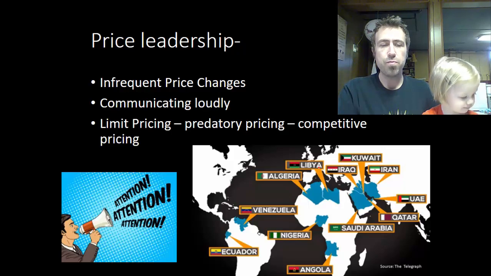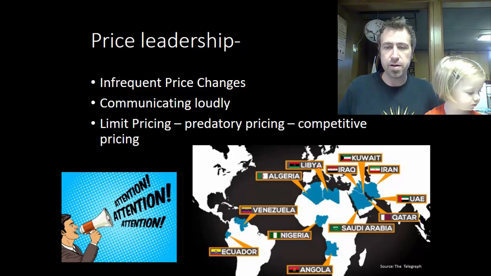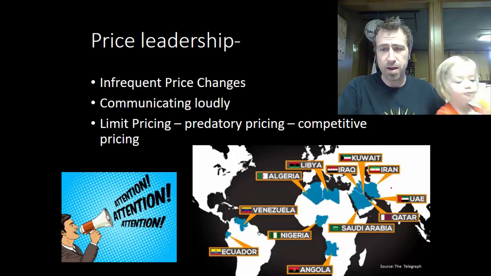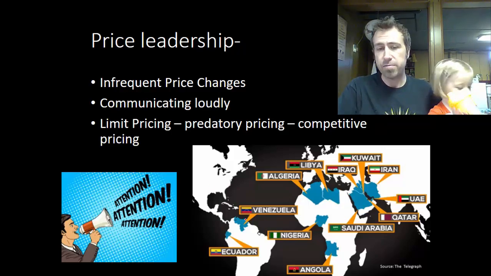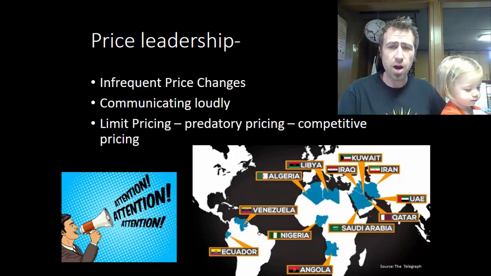So you may have not exactly a true oligopoly where there's only like 4 competitors. Because if you look here, these are just the countries that are part of OPEC, and OPEC doesn't always agree with each other. There are plenty of other countries not in OPEC, like the United States and Trinidad, for example, that are competitors.